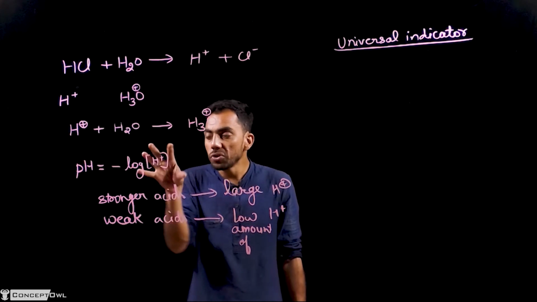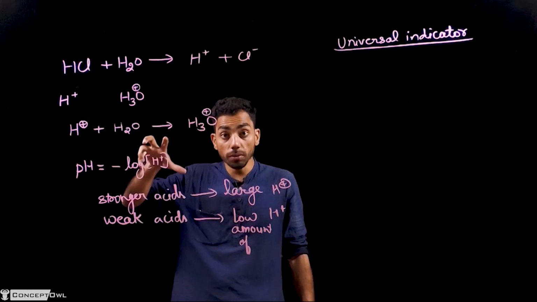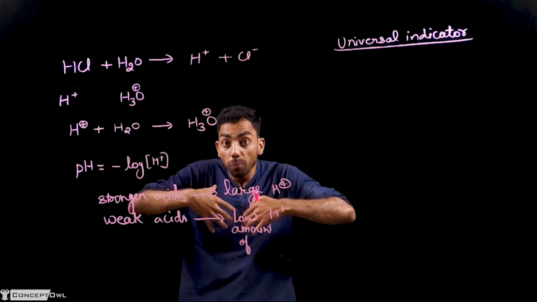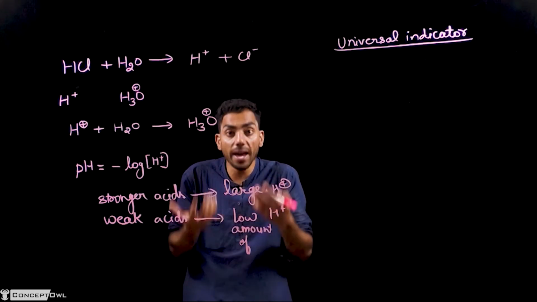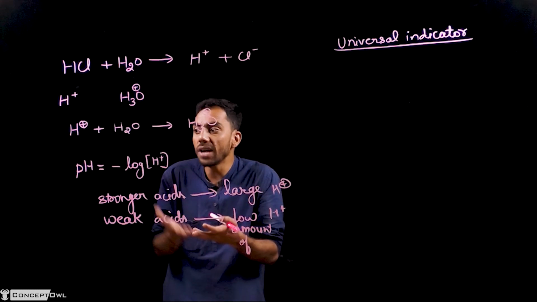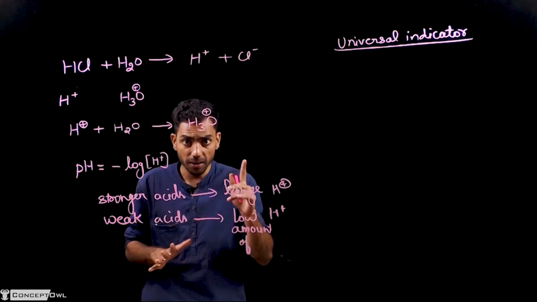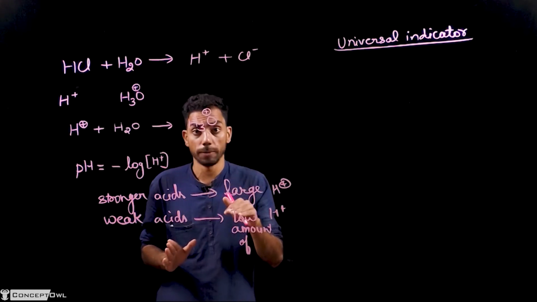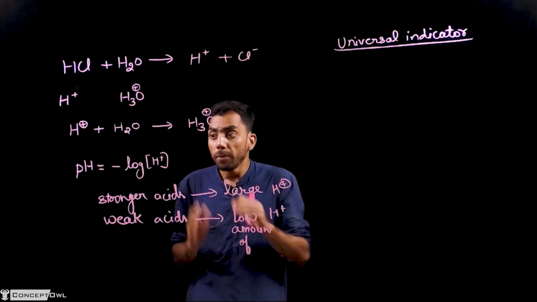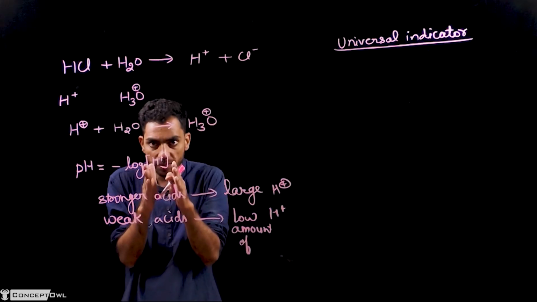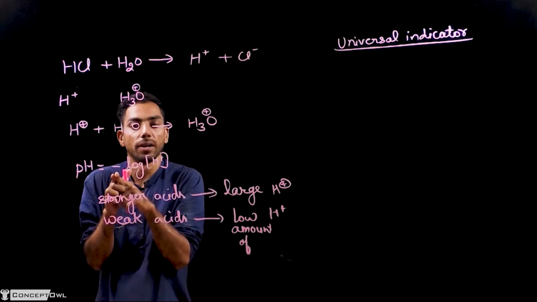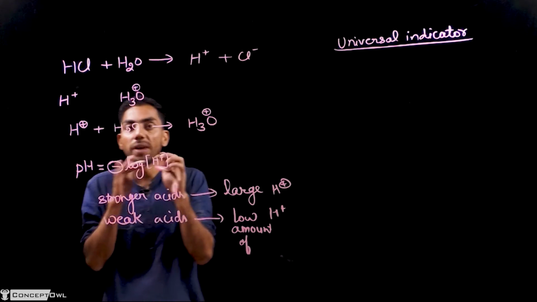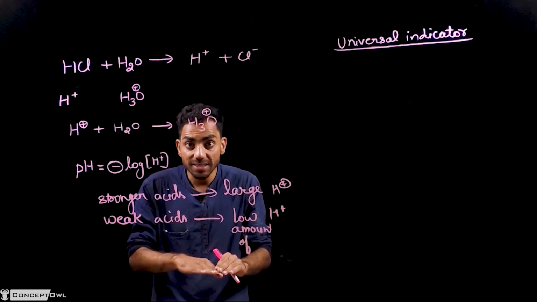And if H positive ion concentration is more, if there are more H positive ions per unit volume, that means concentration is high. And if concentration is high, pH should be higher? No, it should be lower. Why? Because if this term is big, we have a negative sign here, so its value will be less.